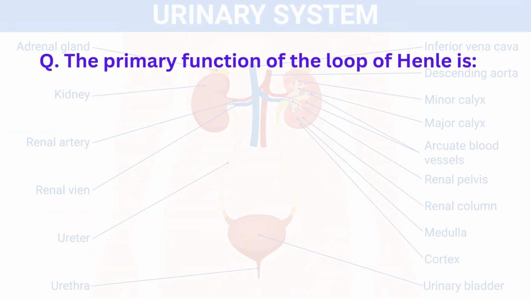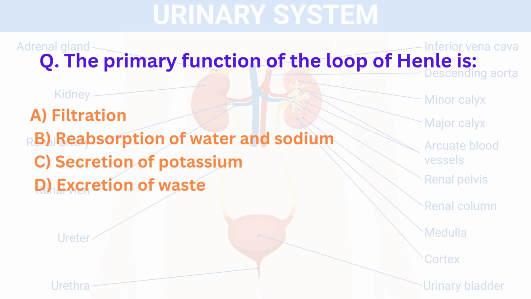Next question is, the primary function of the loop of Henle is filtration, reabsorption of water and sodium, secretion of potassium, excretion of waste. Filtration. The process of blood filtration occurs in the glomerulus, not in the loop of Henle.